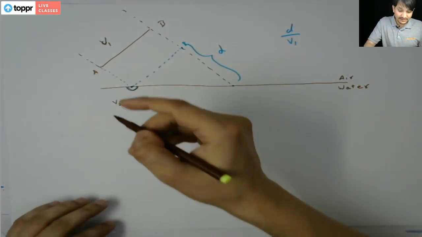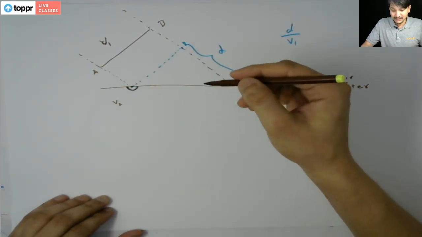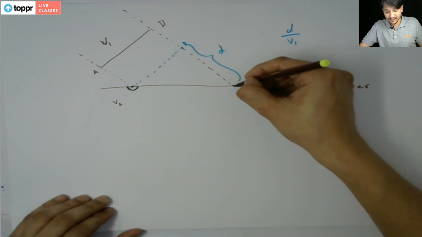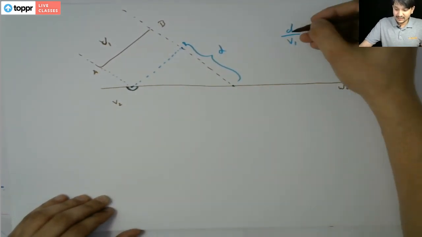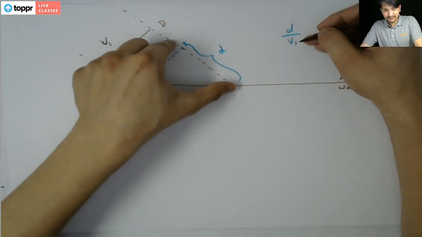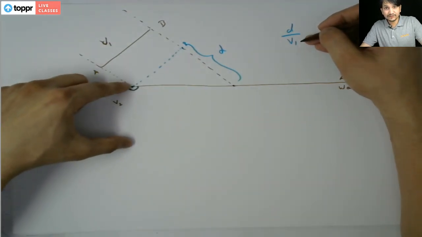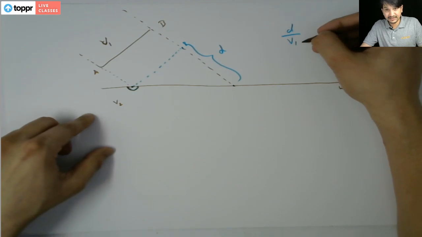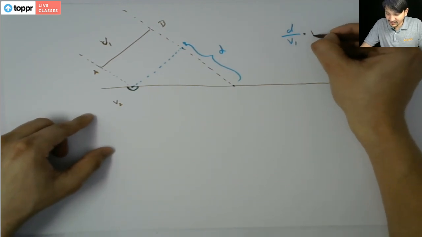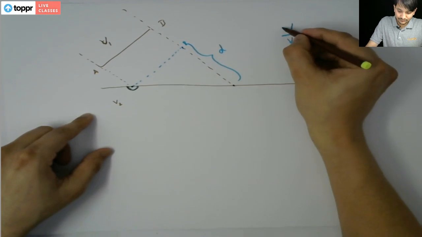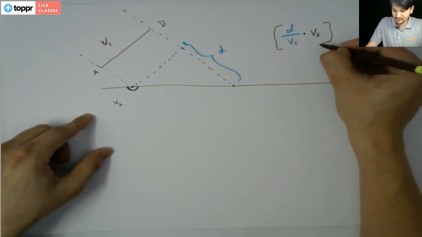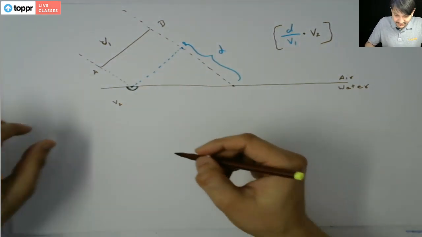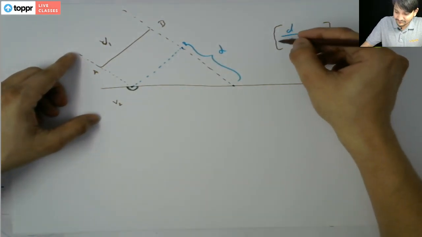So the distance traveled by light at the time when this point has touched here would be time taken into the speed of light in this medium. So d divided by v1 into v2. So what will we do? We will make a circle or semicircle of this radius.